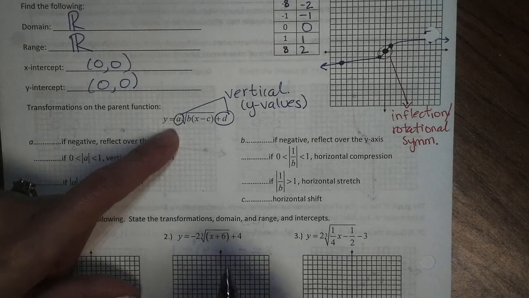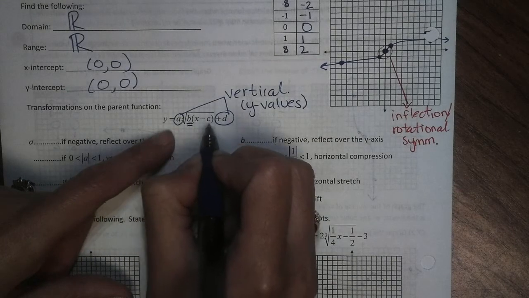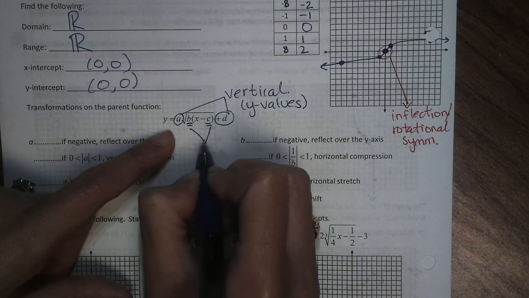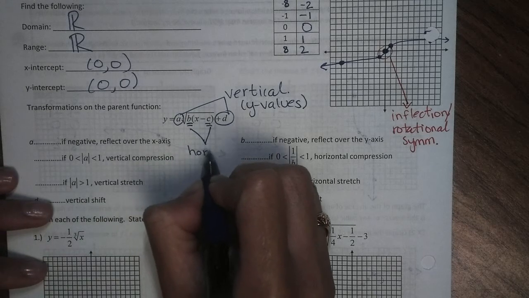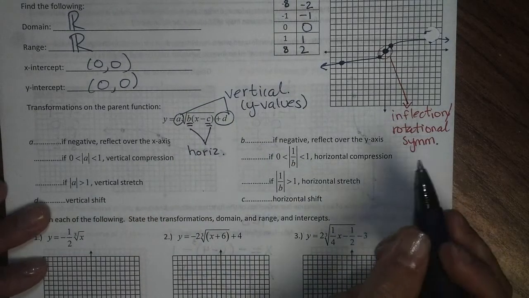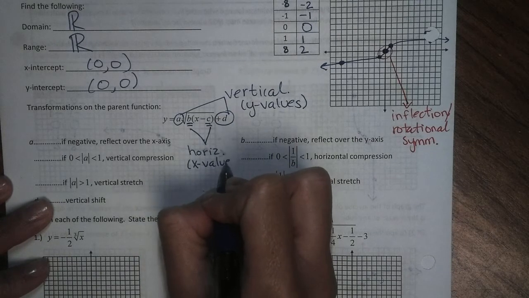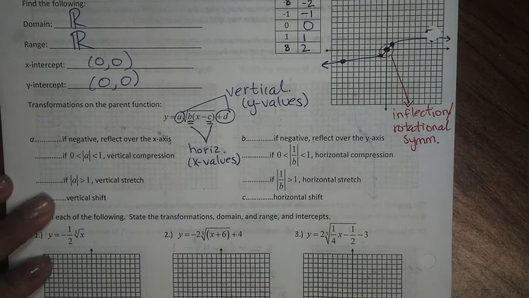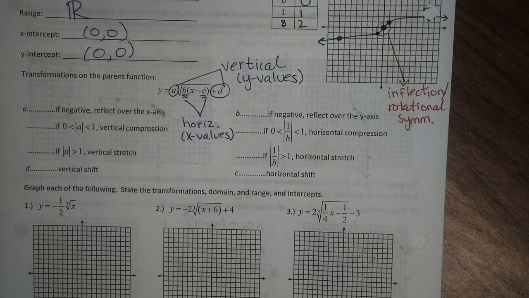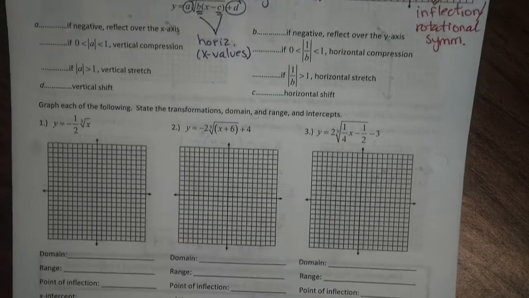If the equation has a B and a C, those are horizontal transformations, and they're going to affect your X values. So let me show you how I would do number 1. And remember, you could always just do your own table of random values just to make it work.